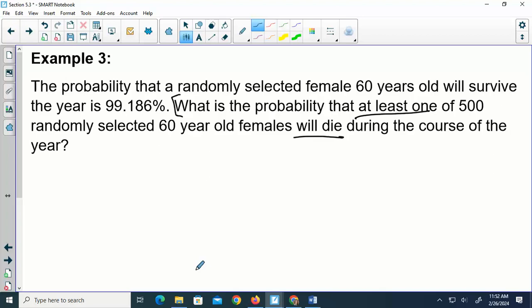Because at least one means 1 or 2 or 3, all the way up to all 500 could die. And it could be the first one dies and the other 499 don't, or the second one dies and the rest of them don't. So there are lots and lots of combinations there. How could we find this probability in a reasonable way?